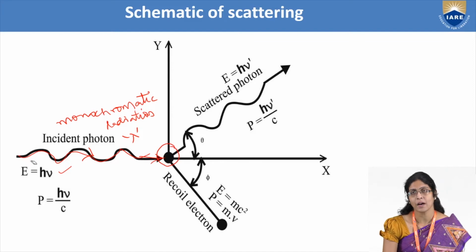What will happen now to this energy of the photon? Once it hits this electron, the photon's energy is imparted to the electron, and the electron travels with some velocity v.